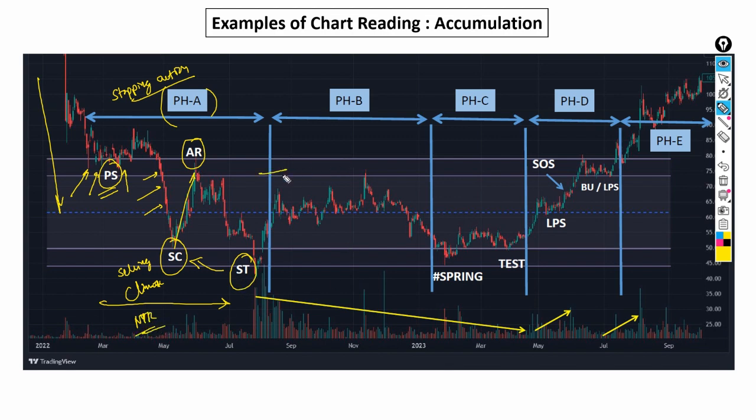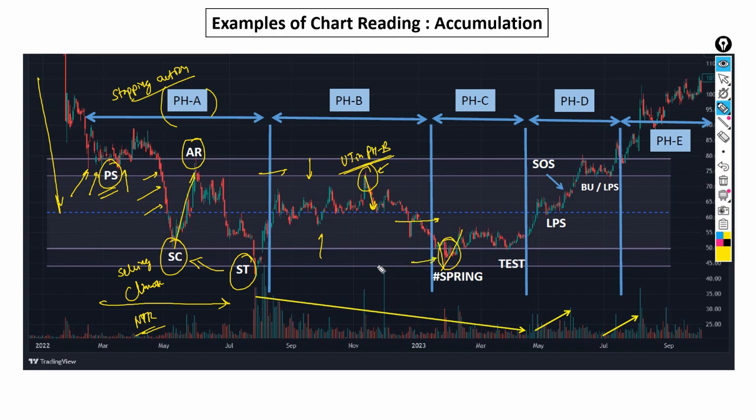As we enter phase B, we see there is interaction of supply and demand. Here we have an upthrust action in phase B. Upthrust is nothing but a temporary movement of the prices above the trading range and quickly falling back into the trading range. Moving into phase C, we get to see a strong spring type action where the stock goes below the trading range and immediately bounces back within the trading range.